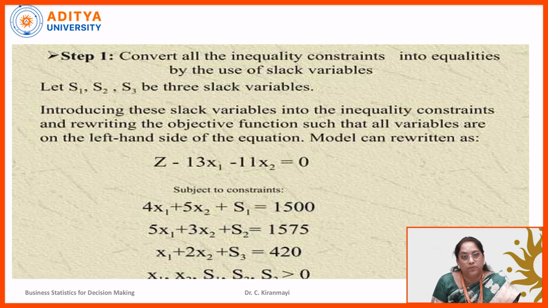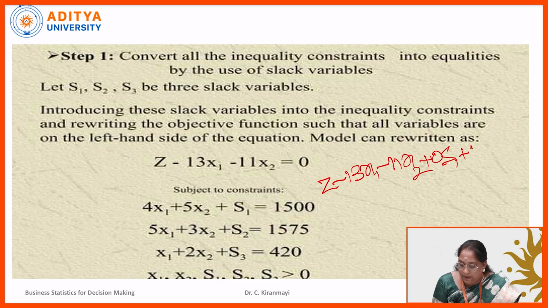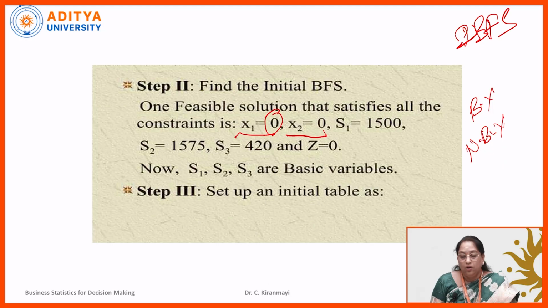These variables are also to be shown in the objective function: z minus 13x1 minus 11x2 plus 0 s1 plus 0 s2 is equal to 0. When we substitute x1, x2 with 0, the objective function value is going to be 0.